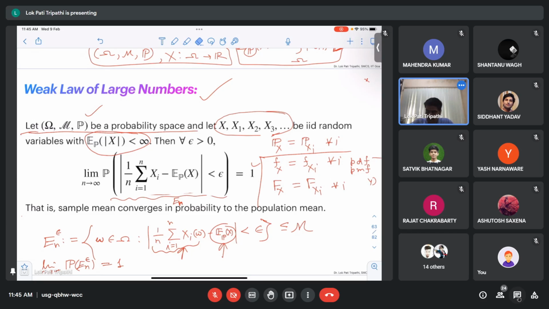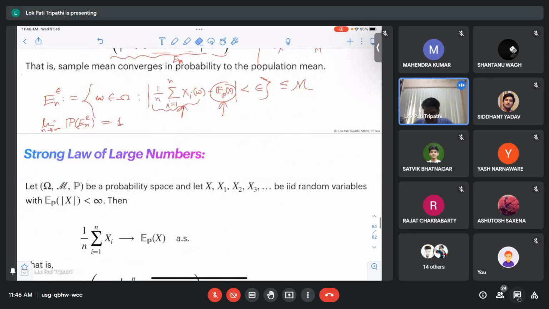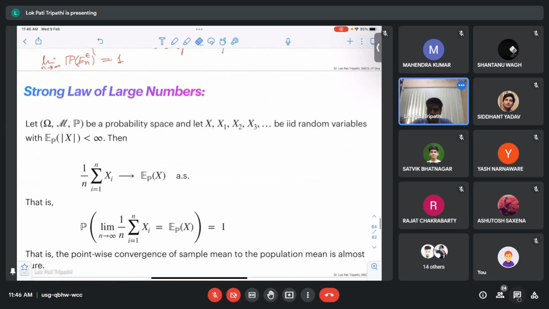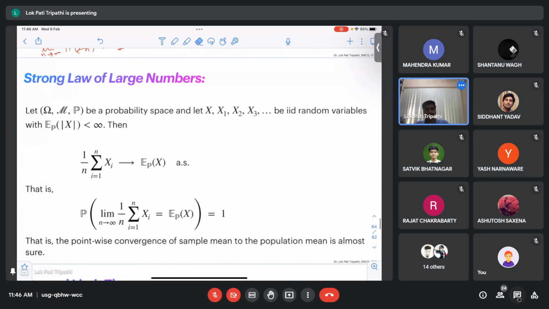All right. Before going to the proof of this result, since you do not have any problem in the statement, let us go to the strong law of large numbers. It says that the sample mean converges pointwise to the population mean almost surely. That is strong, isn't it?